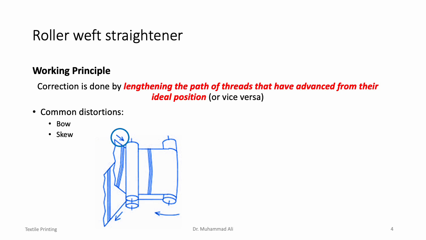The fabric is guided by certain rollers, and then it is made to pass over a curved roller which is known as the bow roller. Notice in this image that the central part of the weft has advanced from its ideal position. In other words, this portion of weft threads is leading compared to the other parts of the same weft thread. So compare this part in the circle to, let's say, this part over here or this part.